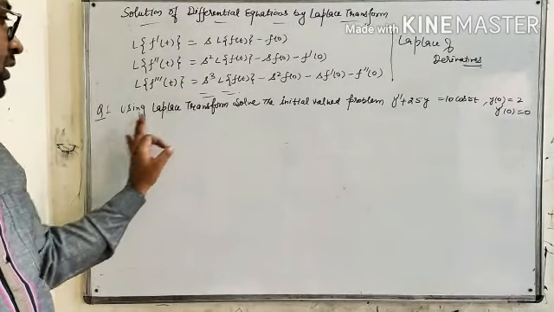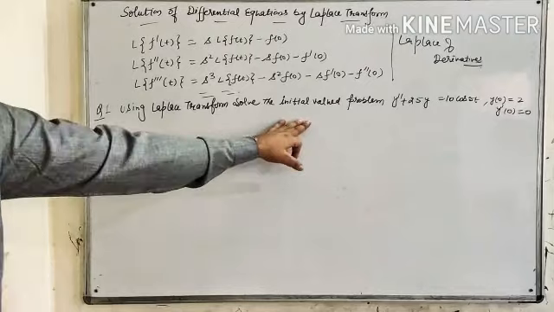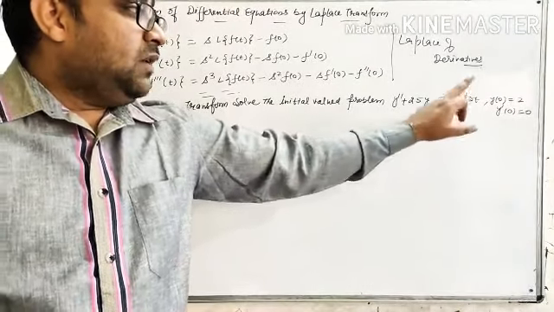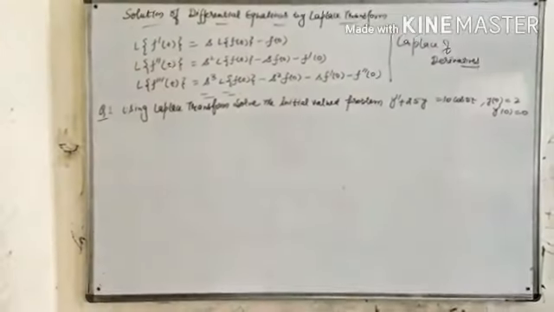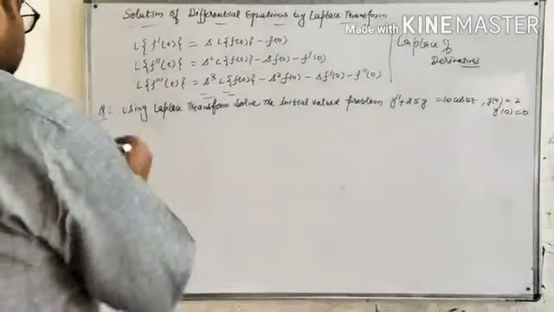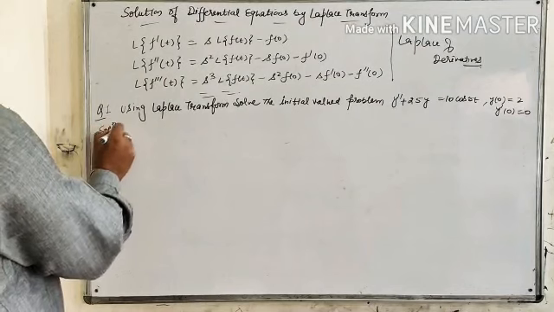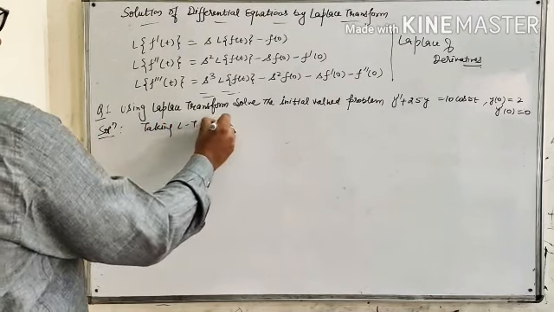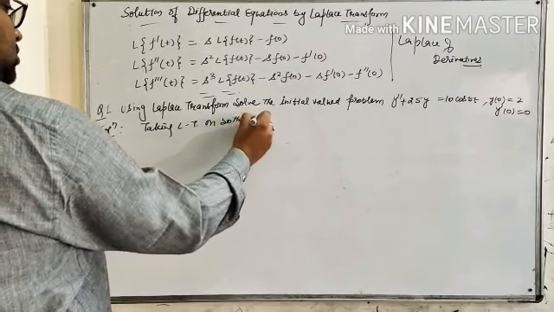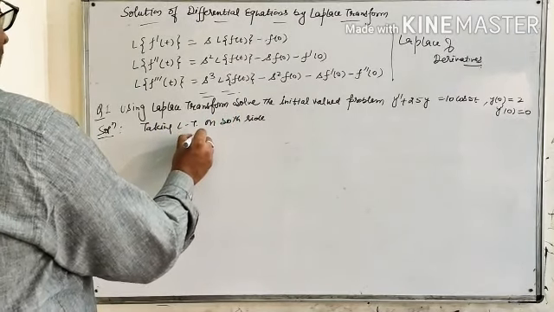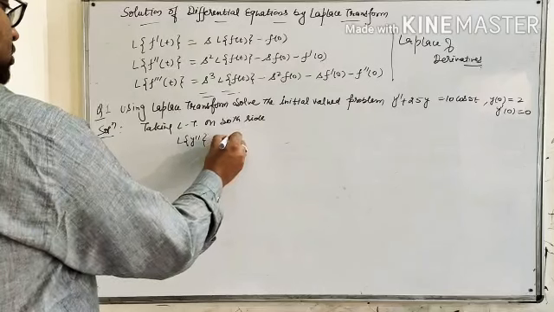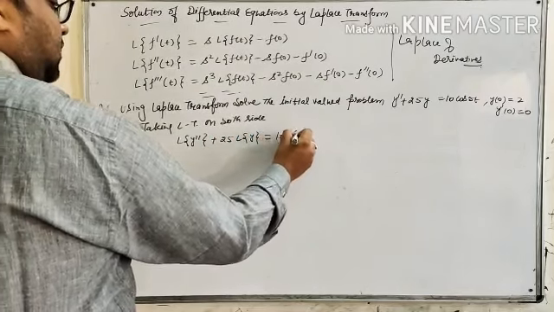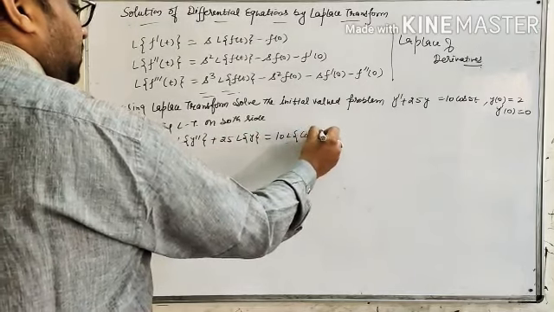The first question is: using Laplace transform, solve the initial value problem y double dash plus 25y is equal to 10 cos 5t, y(0) equals 2 and y dash 0 equals 0. For this we can directly use Laplace transformation, taking it on both sides. Laplace of y double dash plus 25 Laplace of y is equal to 10 Laplace of cos 5t.